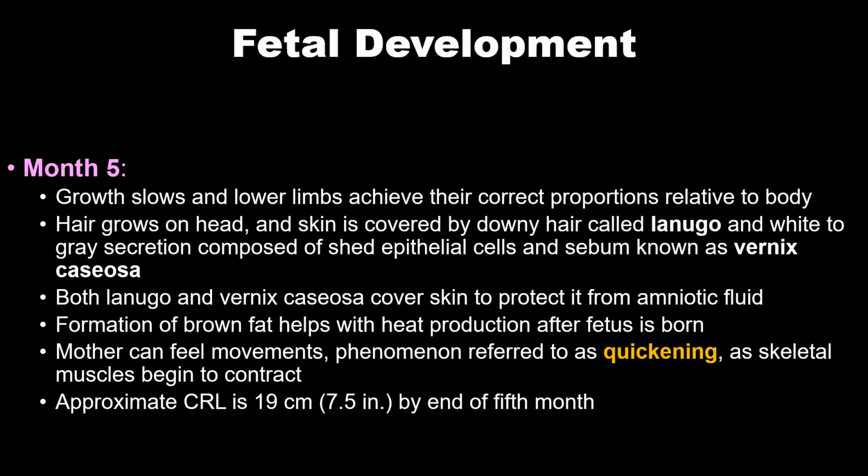Both lanugo and vernix caseosa cover the skin, protecting it from the amniotic fluid. Some brown adipose tissue forms and helps with heat production, especially after the fetus is born. Typically, the mother can feel movements, a phenomenon referred to as quickening, as skeletal muscles contract. Crown rump length is approximately 19 centimeters by the end of the 5th month.